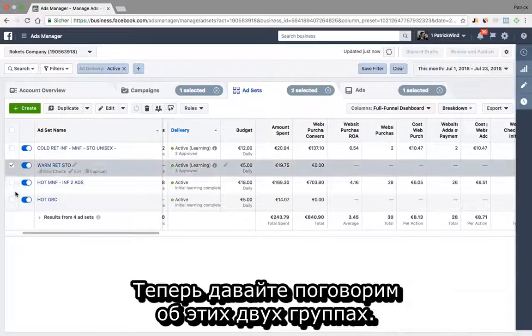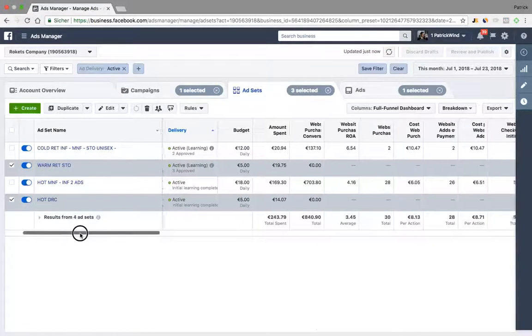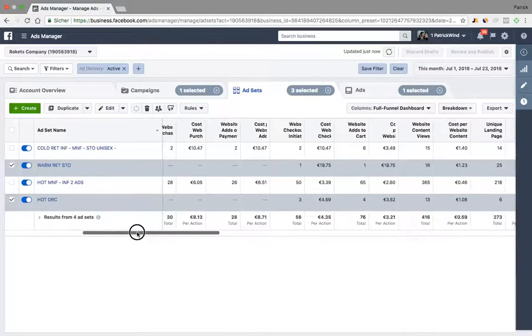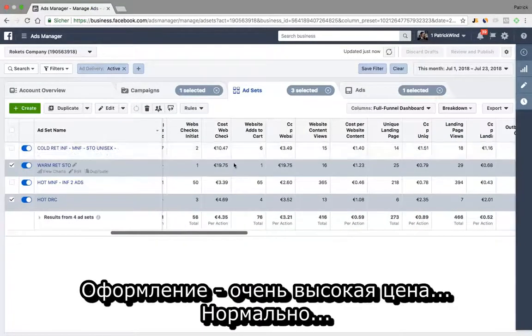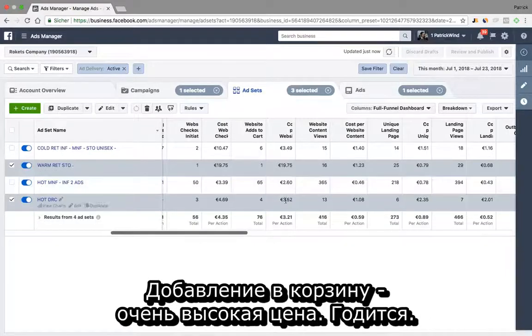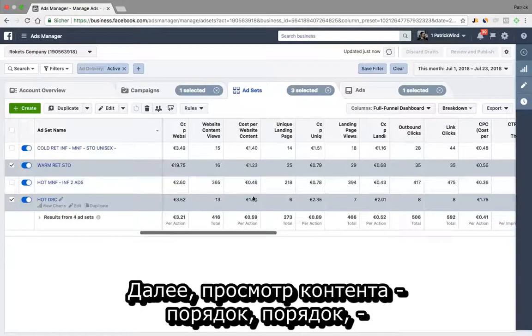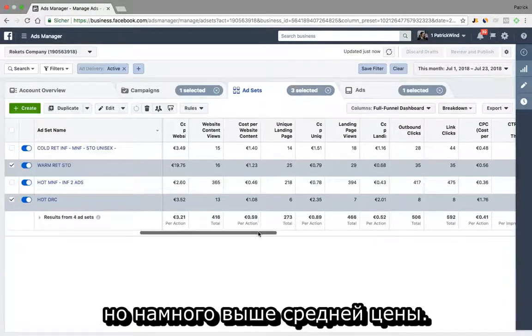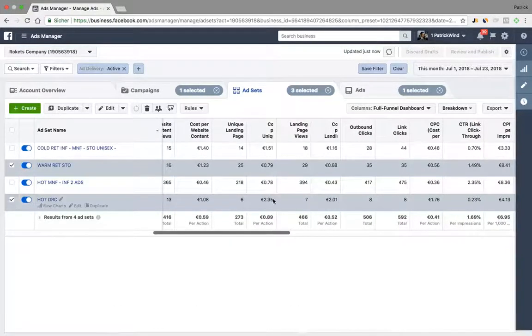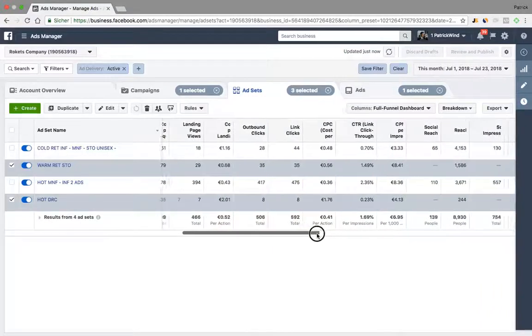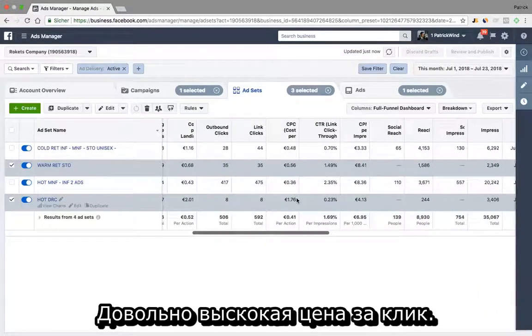Now let's talk about these 2 ones. Okay, checkout very high. Add to cart very high. And then content views, okay, but much higher than the average. Okay, very high cost per click.